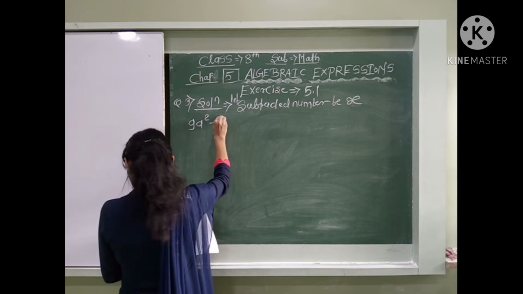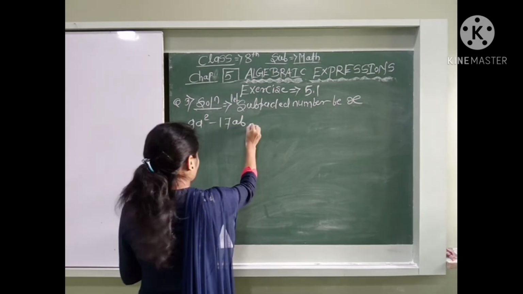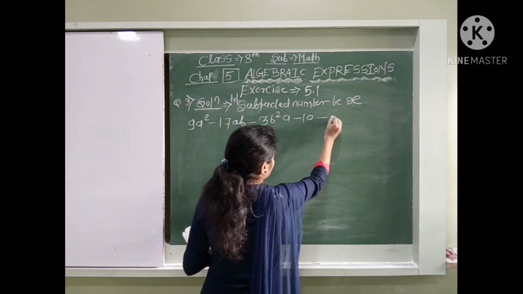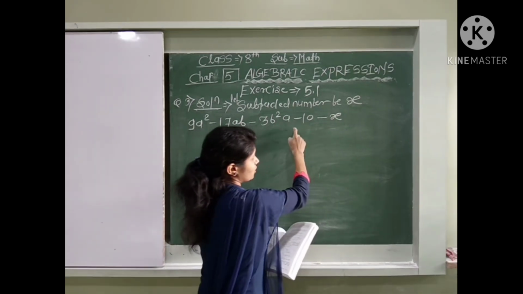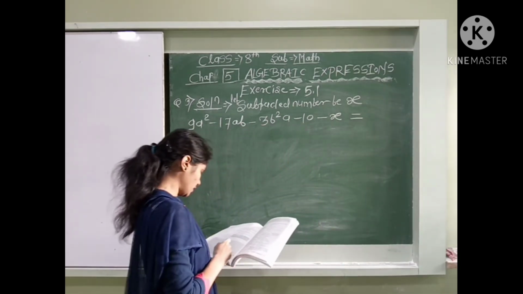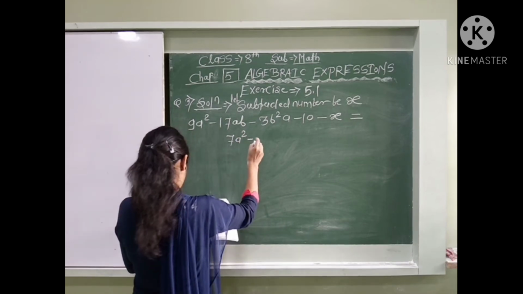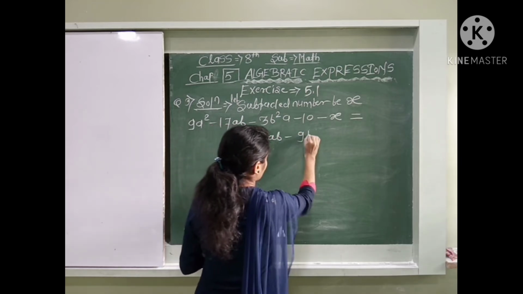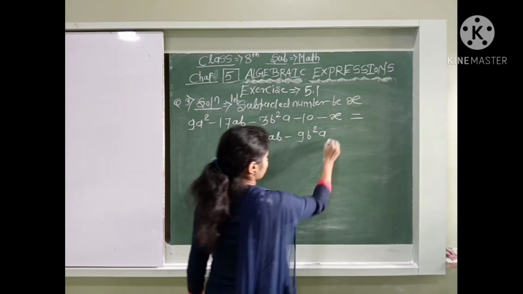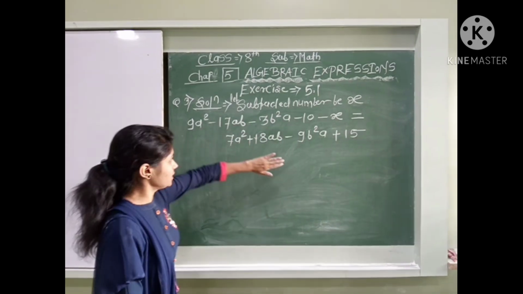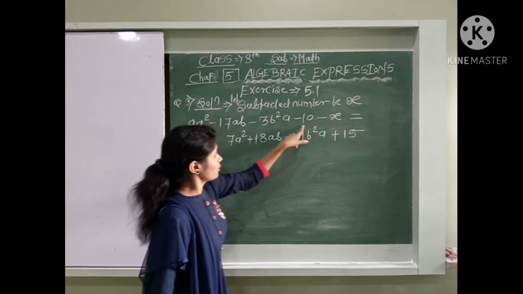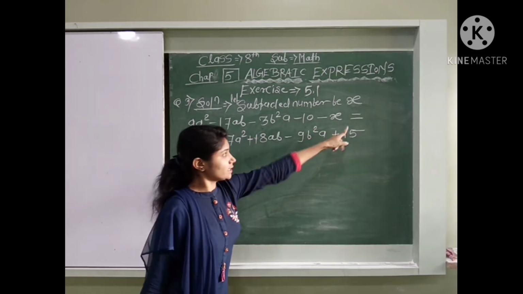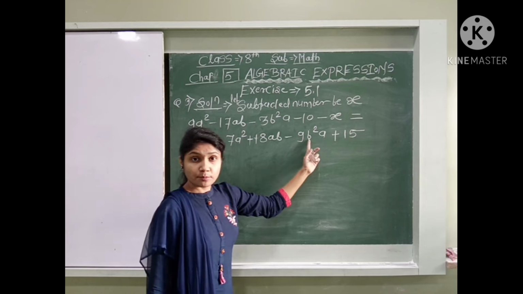First you have to arrange 9a square minus 17ab minus 3b square a minus 10 minus x, which is subtracted from this expression to get, meaning equal to, 7a square plus 18ab minus 9b square a plus 50. See here, student, the question is: which number is subtracted from this expression to get the answer?